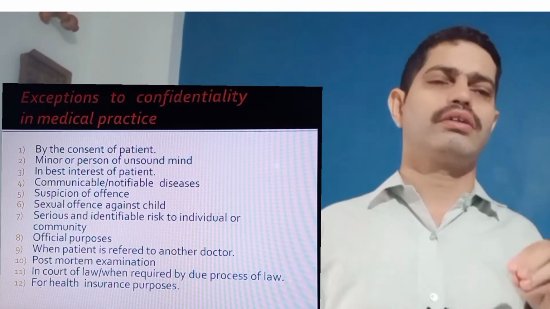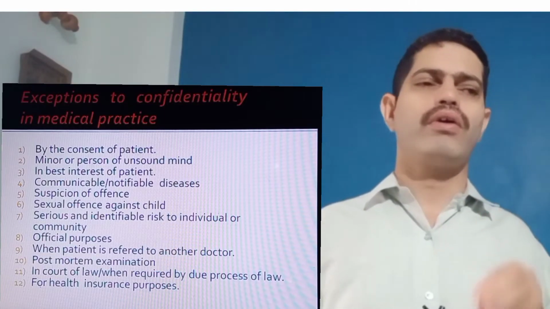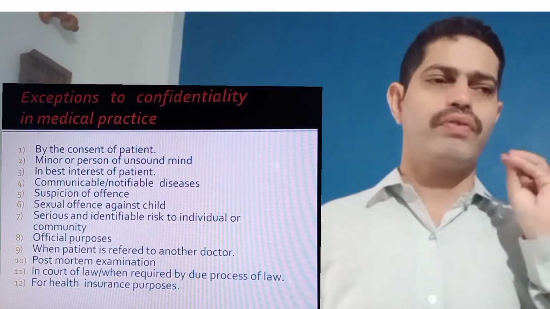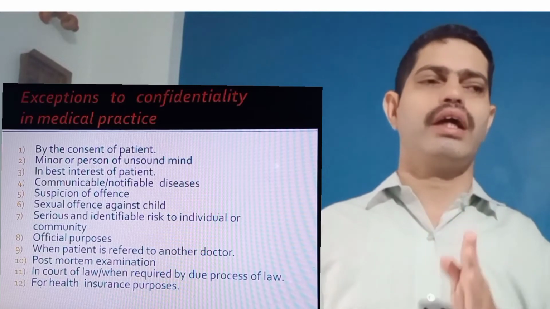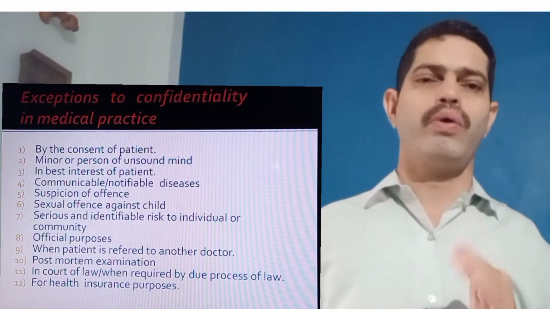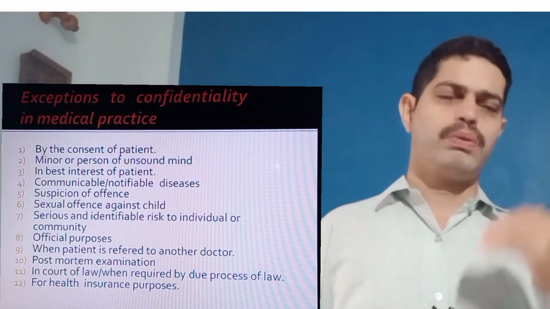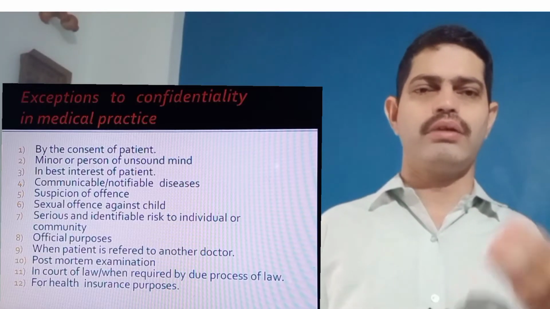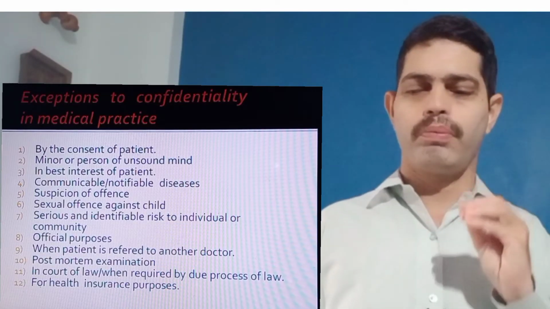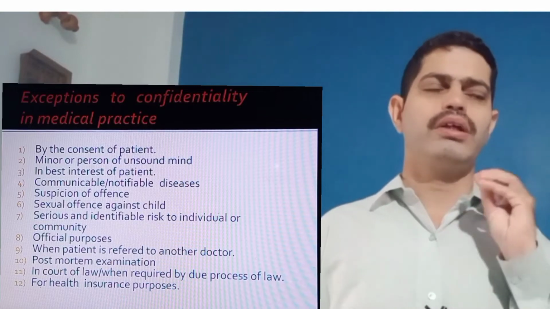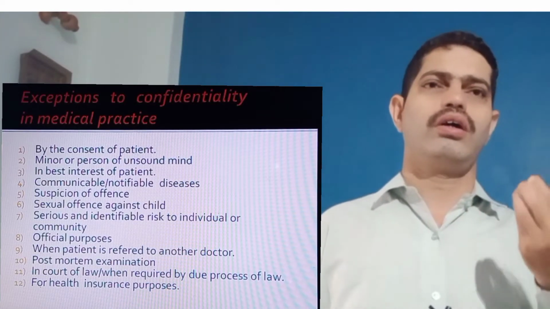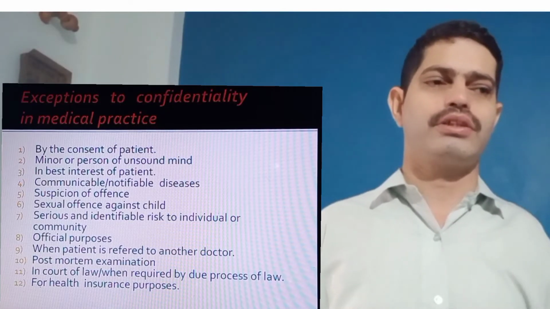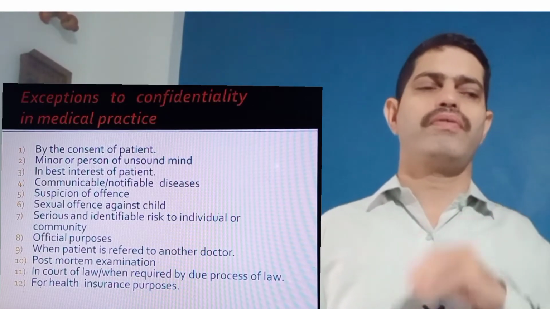But in this case, the court said that though there was a breach of the duty of confidentiality by the hospital, what the hospital did was in the best interest of the girl who was going to be married. If the hospital had not disclosed that information, the prospective bride would have been infected with HIV, and even the children who were to be born after the marriage of that couple would have been infected by HIV.